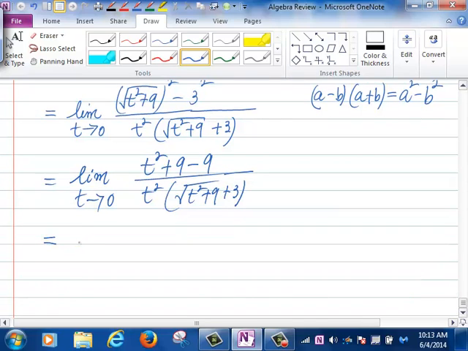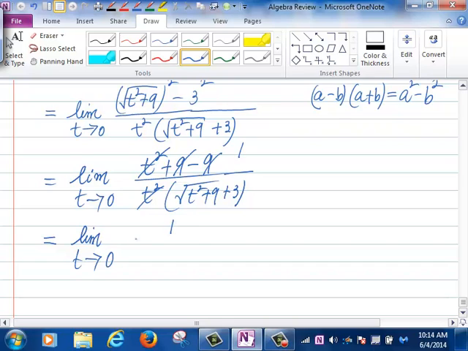And this is equal to the limit as t goes to 0. Notice that 9 cancels out, right? And after I cancel out the 9s, if you don't mind, I'm going to do 2 steps at the same time. After I get rid of the 9s, then I have t squared and t squared, right? I can cancel them out too, right? And then all I'm going to be left with is 1 in the numerator.